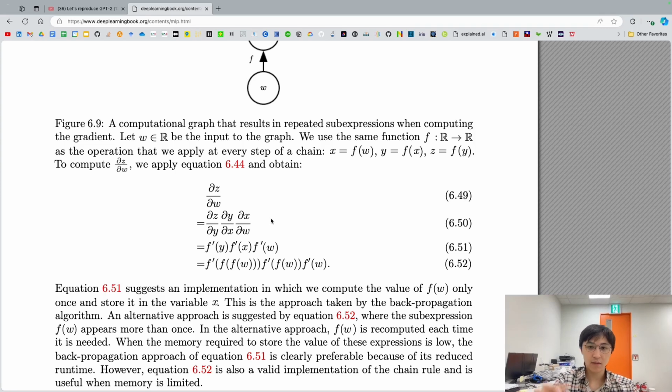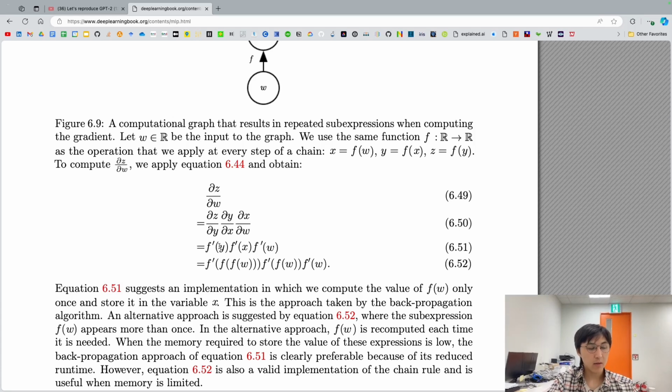If you pay careful attention, to find the gradient of z with respect to the weight, we need to find the gradient of z with respect to y, and then y with respect to x, and x with respect to w. Here you can see that we need to find the prime of y, then the prime of x, and the prime of the weight w.